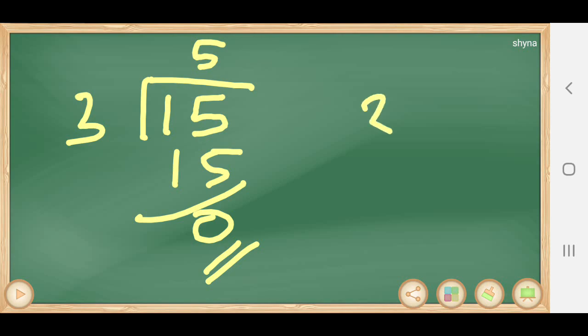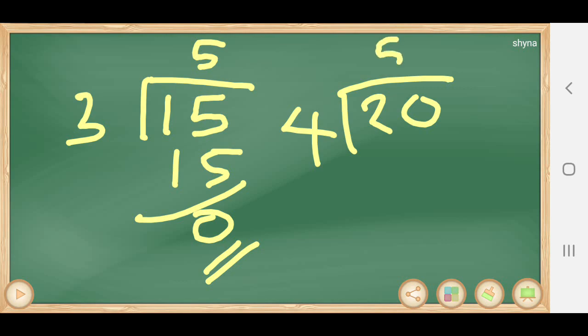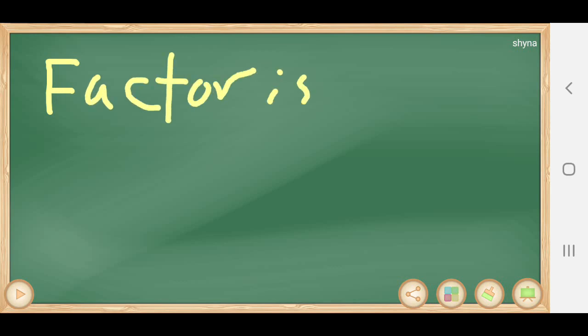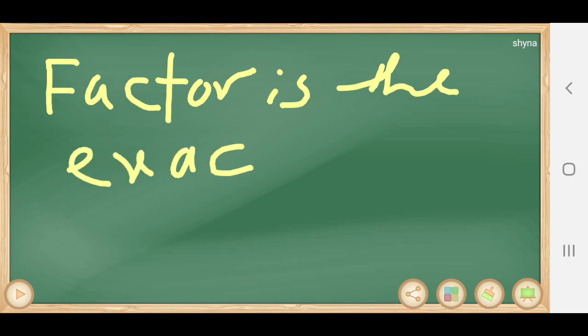If you are considering the number 20 and I am dividing with one of the factors, 4, what am I getting? Here also 4 is the exact divisor. So we can conclude that factor is, what is? Factor is the exact divisor of that number.